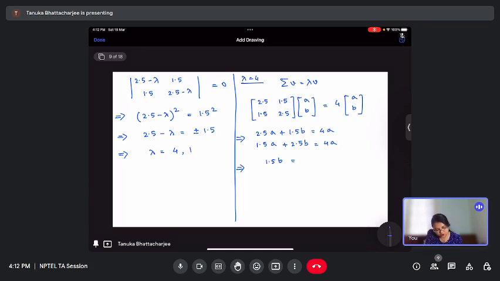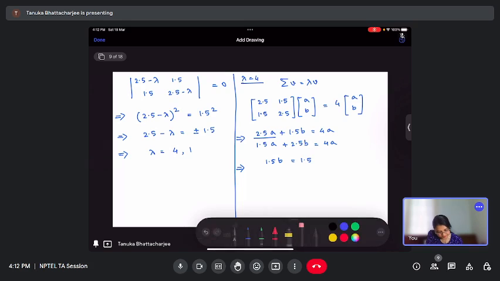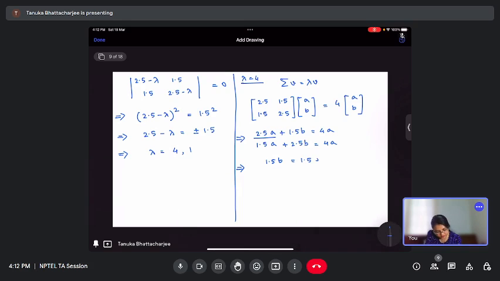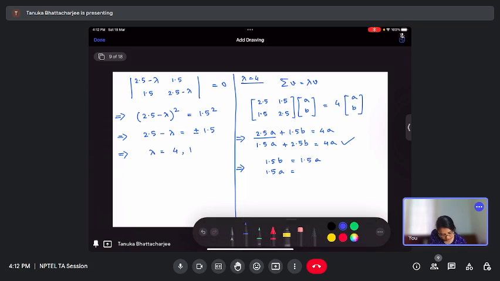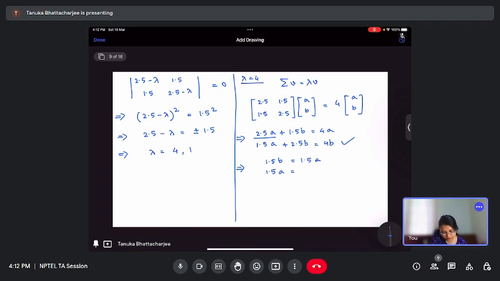From the first equation, if I take this term to the right hand side, 1.5b equals 1.5a. Similarly, from the second equation, I get 1.5a equals 1.5b.